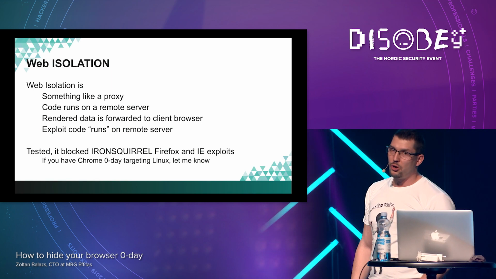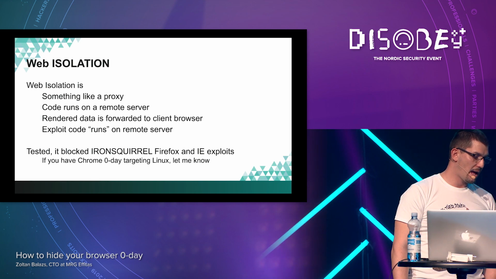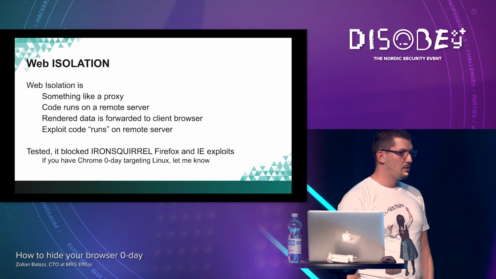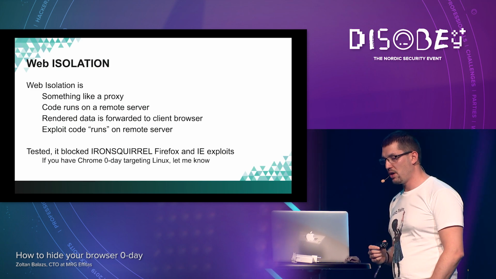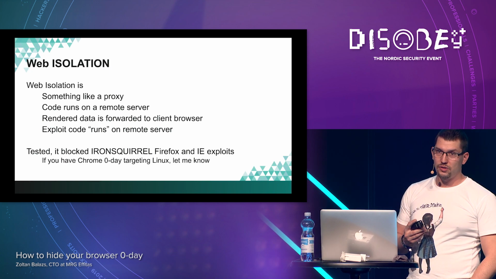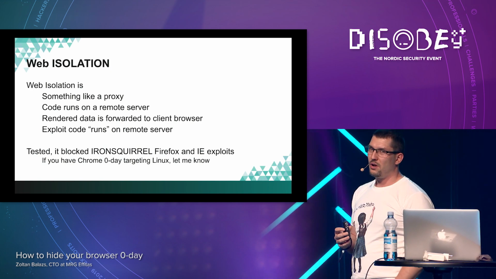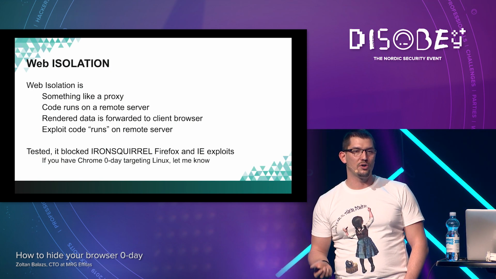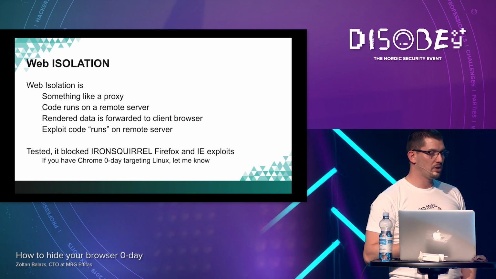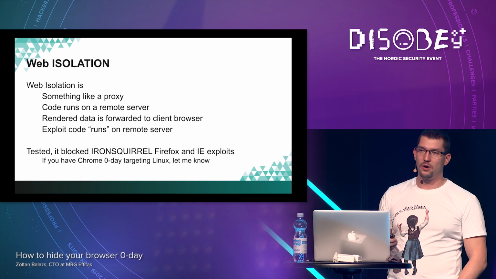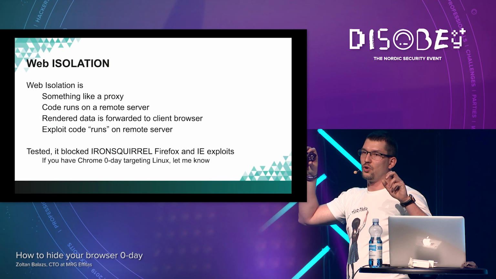Actually, there is one enterprise solution which can help protect against both encrypted exploit delivery and exploit delivery as well. This technology is called web isolation. Web isolation works a little bit similar to a web proxy, but all the content sent to the client browser is basically rendered on this proxy server.